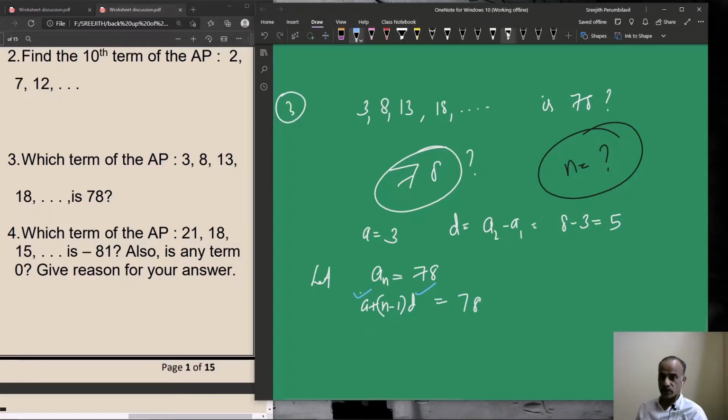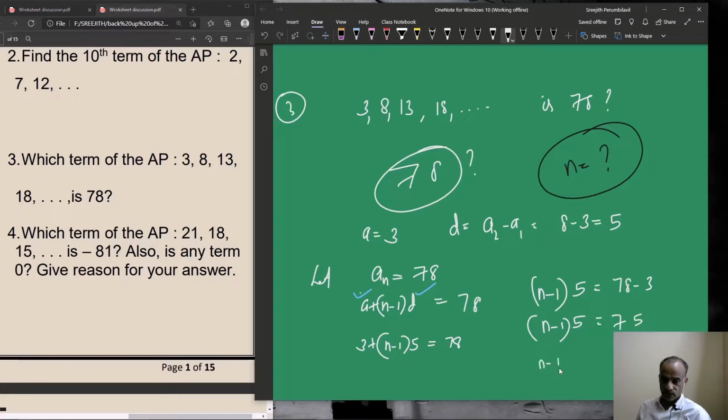We will substitute A is equal to 3 plus (n minus 1) into D, which is 5. That is equal to 78. So, (n minus 1) into 5 is equal to 78 minus 3, or (n minus 1) into 5 is equal to 75. n minus 1 is equal to 75 divided by 5, that is 15.